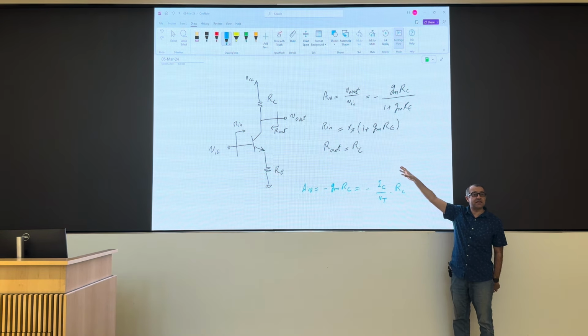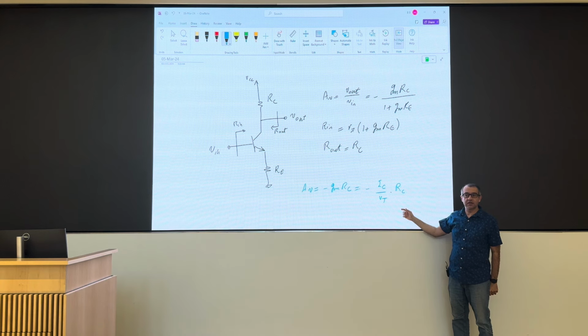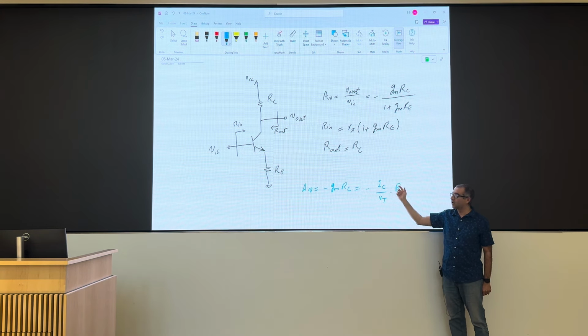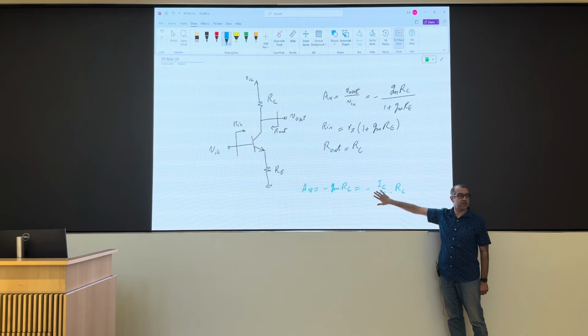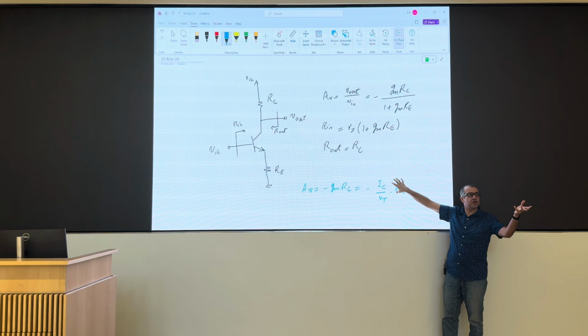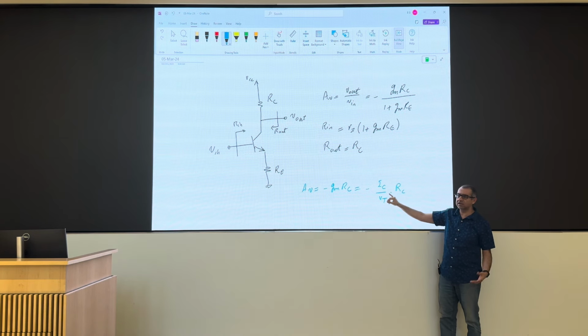So the DC voltage drop across your collector resistor determines your gain. The higher that voltage drop, the higher your gain, right? Because this 1 over VT is almost 40. So each volt of voltage drop across RC gives you a gain of 40, more or less, okay?